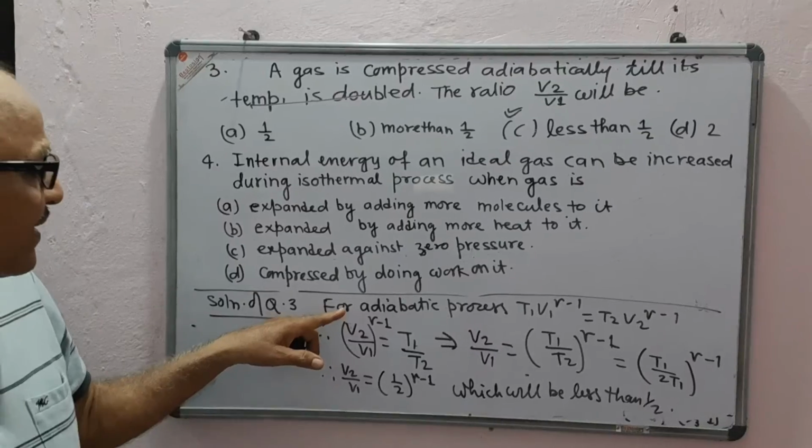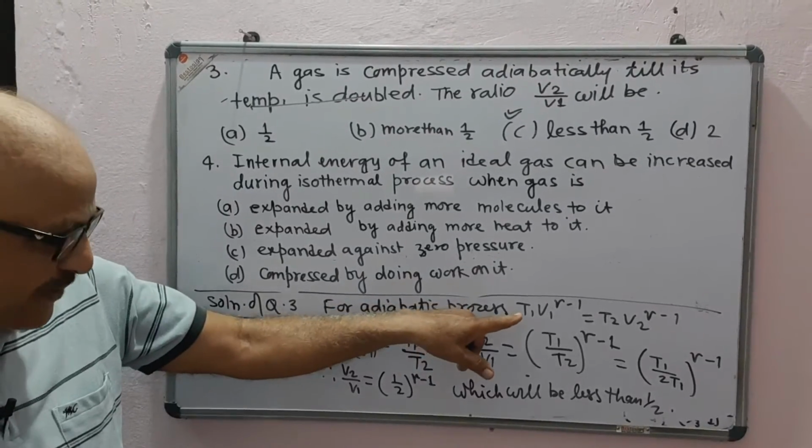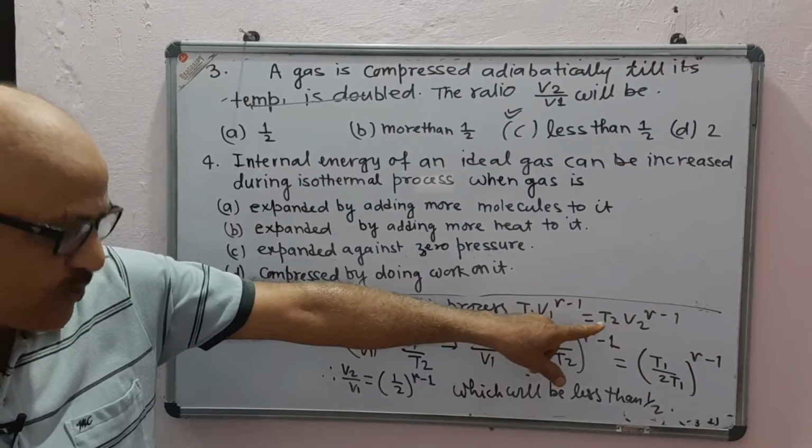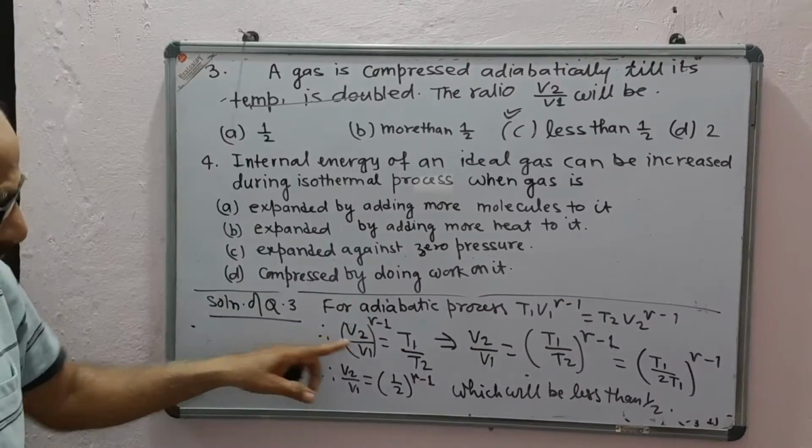Again I repeat, for an adiabatic process we know T1 V1 to the power gamma minus 1 is equal to T2 V2 to the power gamma minus 1.